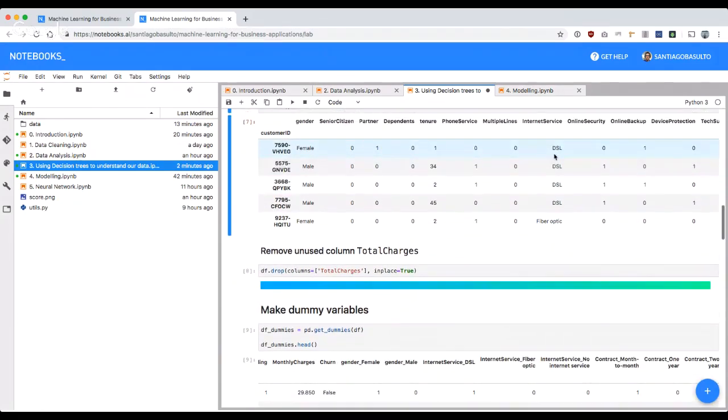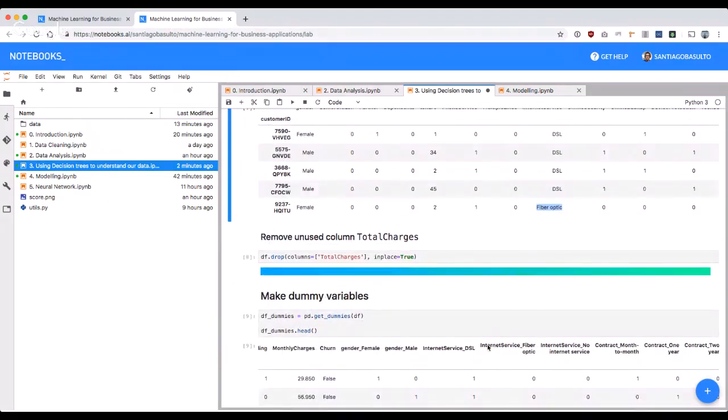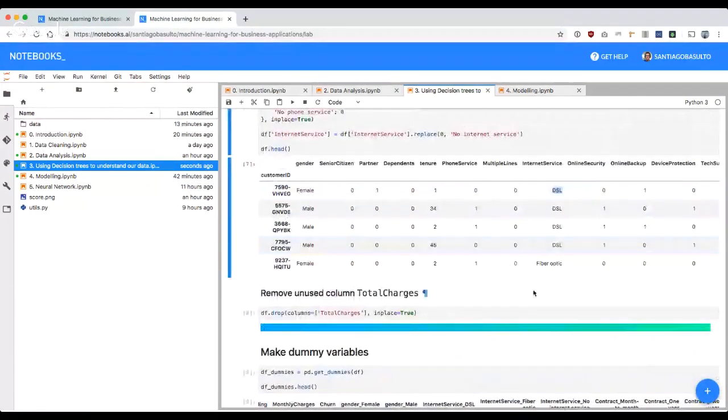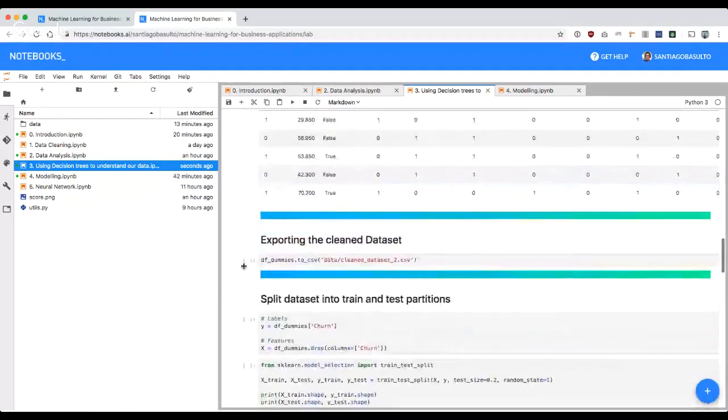Instead of having just one column that says internet service DSL, fiber optic, or no internet, I have 3 different columns that say, is internet service DSL? Yes. And of course, then we have fiber and no internet service, and these are empty. So for each combination of these 3, there can be only one number 1, and the rest are going to be zeros. They are like flags that are set for that given value. So this is an important concept.